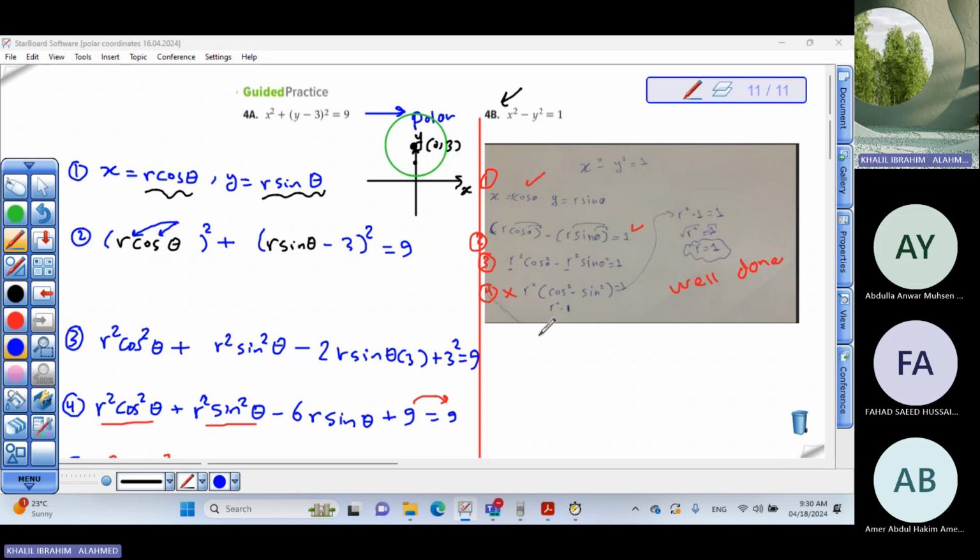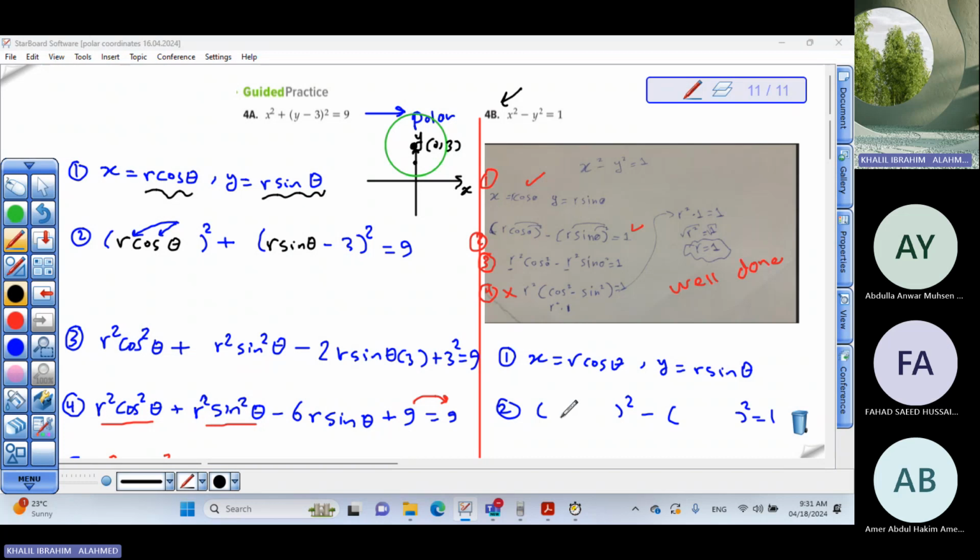Let's continue here to correct the fourth step of Mr. Abdullah. Okay, step 1, we replace x equals r cosine theta, y equals r sine theta. Step 2, substitute. Okay, this is bracket squared minus bracket squared equals 1.